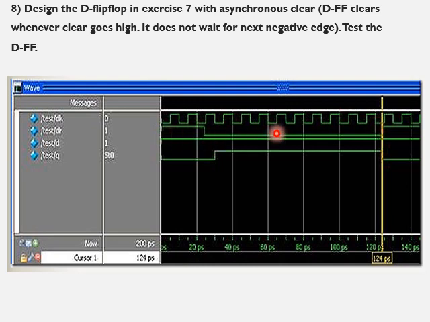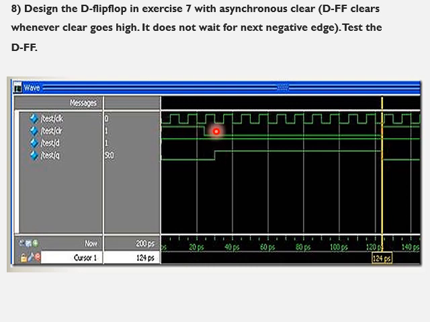Now what changes here is the output. As long as clear is 1, the output will be 0. Once the clear is 0, that means clear becomes inactive. Now the higher priority signal is the clock, and the flip-flop will function with respect to the clock. So once the clear is 0, the next active edge, that is the negative edge of the clock, is here, and hence from here the output will follow the input.